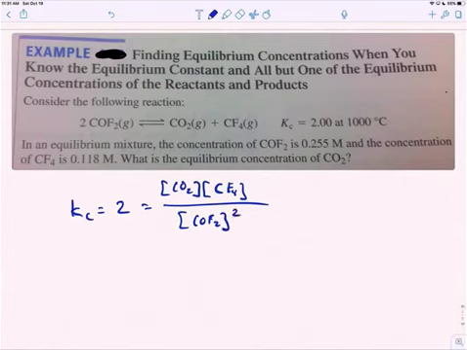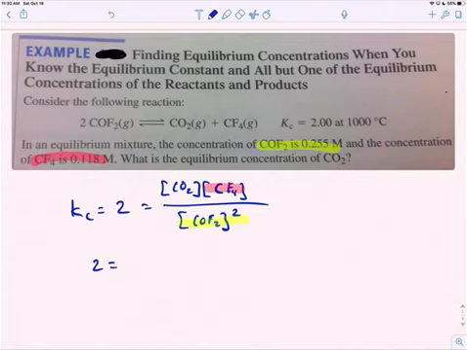This is a case where we have one equation and one unknown. So we know that the COF2 is this, and the CF4 is that, so we can put in the numbers.